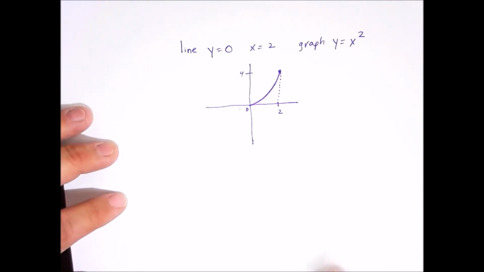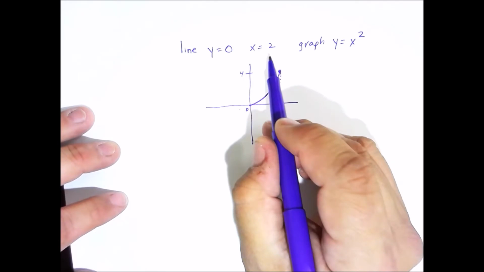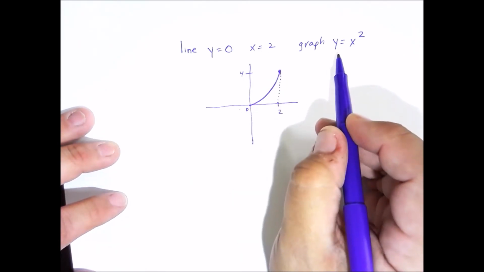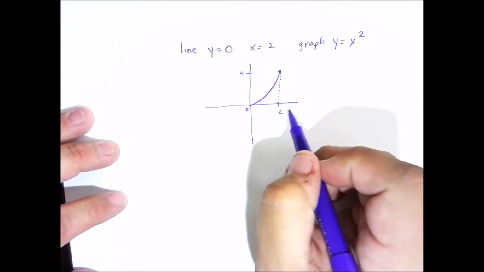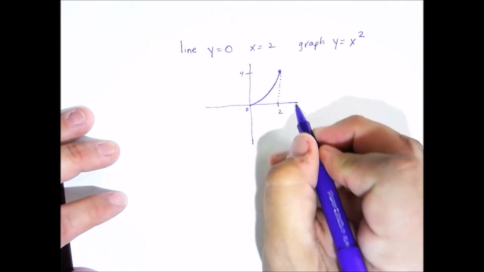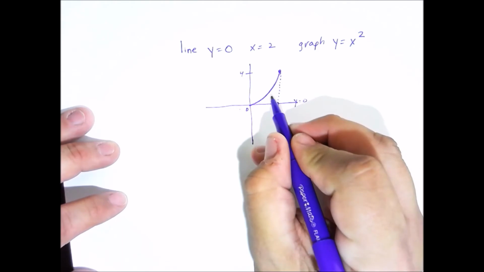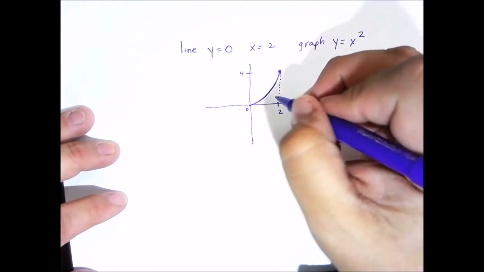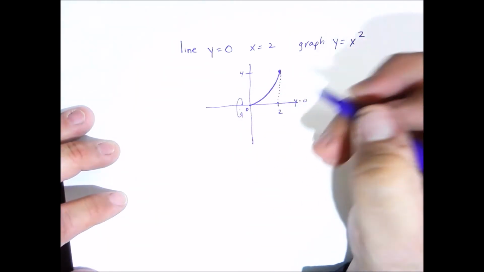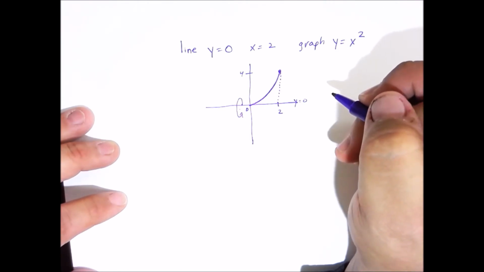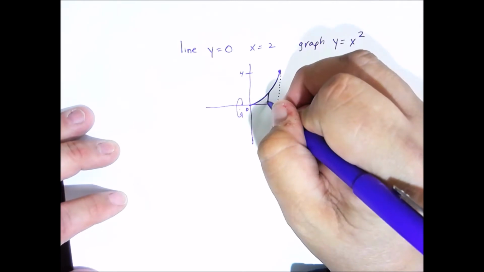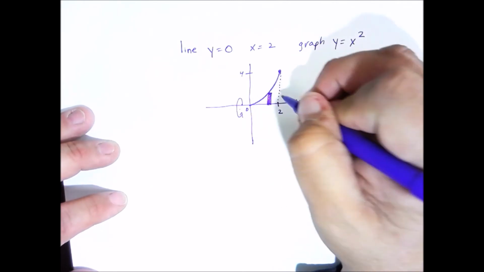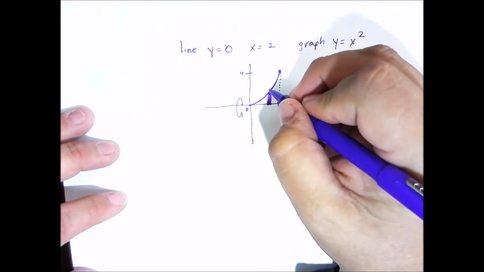We had the line y equals 0, x equals 2, and the graph y equals x squared. So there's the x equals 2. Obviously the x-axis is y equals 0. So this is the area we're trying to rotate around the x-axis. So the rectangle, top minus bottom. What's the top equation?